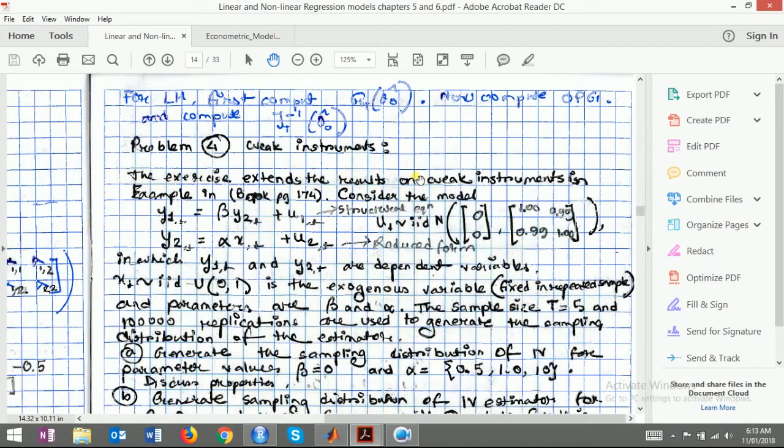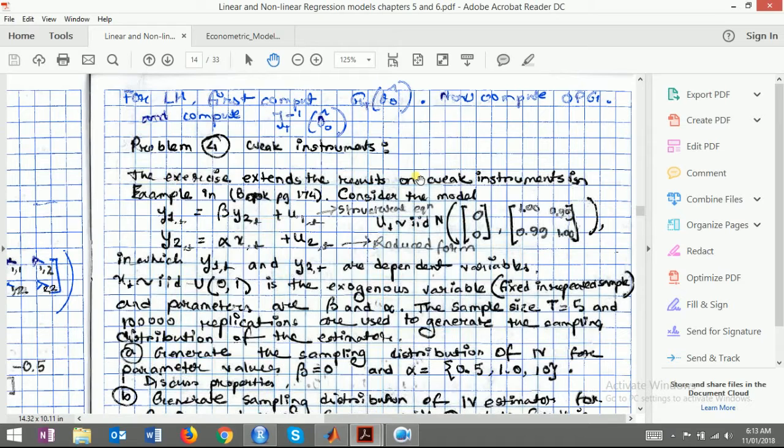So now we can move on. We have gone through seemingly unrelated regressions, and before that FIML, which is summation of y1 x1 divided by summation of y2 x1, and then we have to compare that with the instrumental variable estimator. That's quite big.